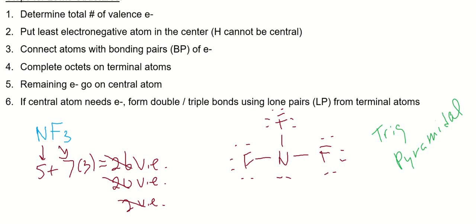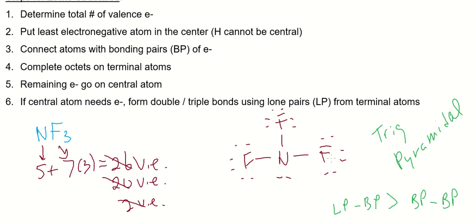And the bond angles, because the lone pair to bonding pair repulsion is greater than the bonding pair to bonding pair repulsion. In other words, these lone pairs are going to repel those bonding pairs slightly more than the bonding pairs repel each other. So the bond angle is going to be slightly less than 109.5.